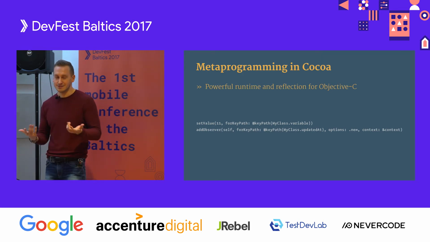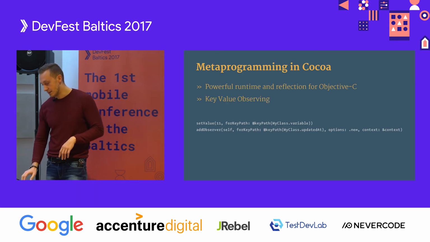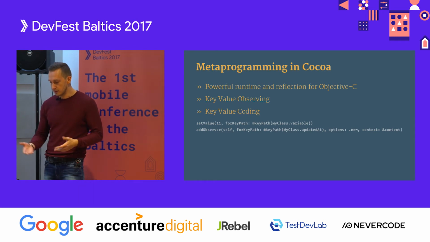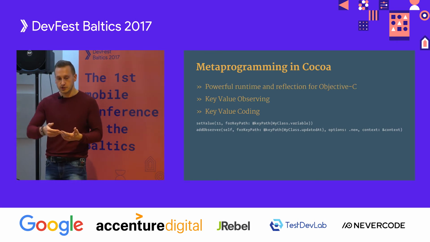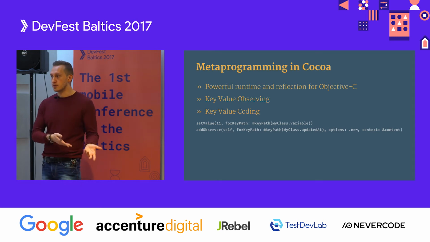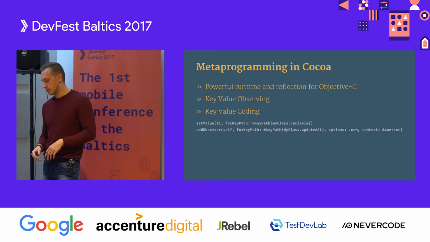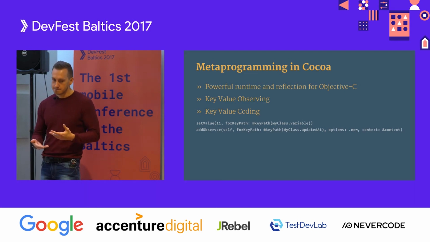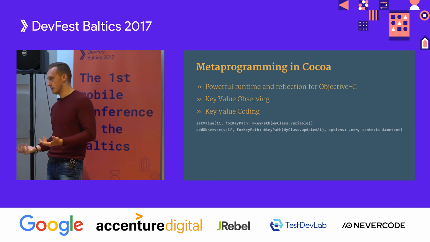It's not value types, and it's not ideal, right? But it's really powerful. You also have key value observing, and you have key value coding. Key value observing is object-based, while key value coding and key paths are now supported in new Swift. Thankfully, they added support for that. But this is still not even close to the power Objective-C had.